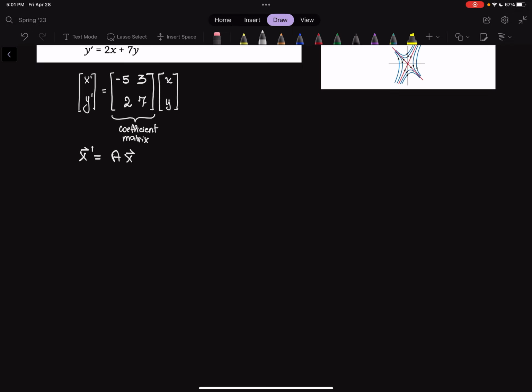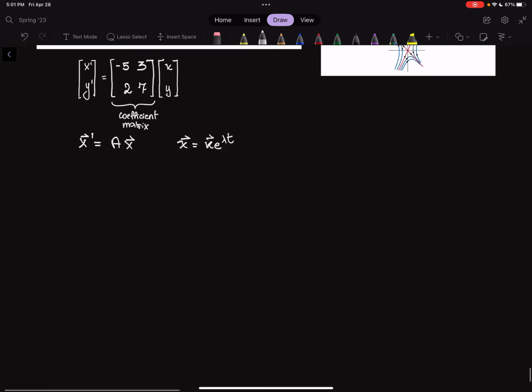And you know why? Well, if I guess something like k e to the lambda t, and I plug it in here, and take the derivative, assuming that the k is constant, I'm going to have lambda k e to the lambda t equals A times k e to the lambda t.